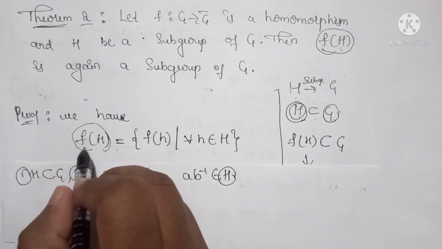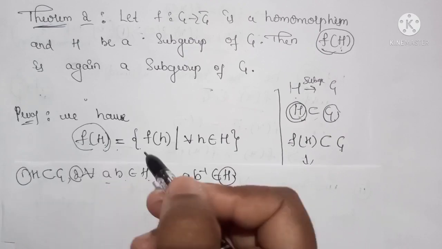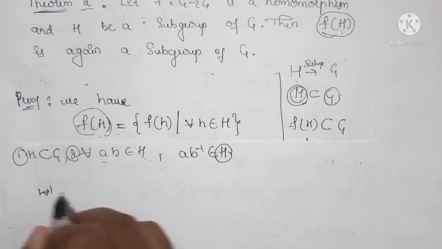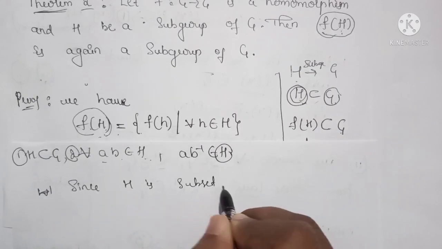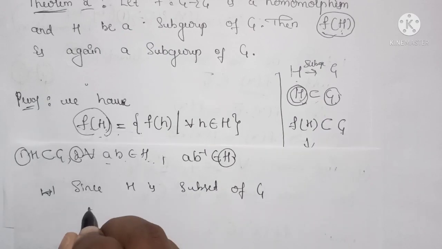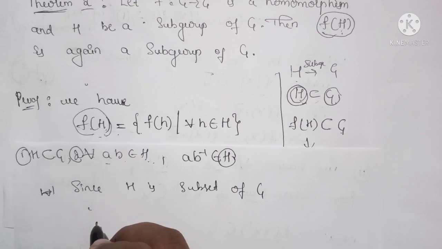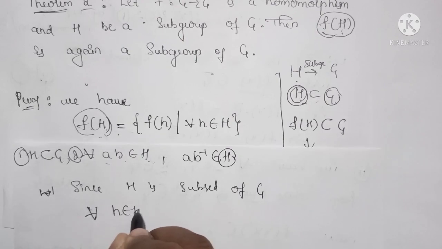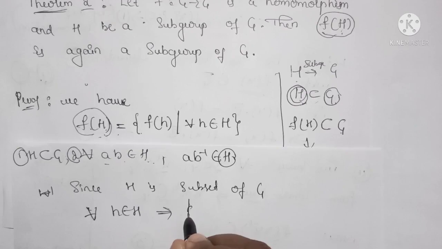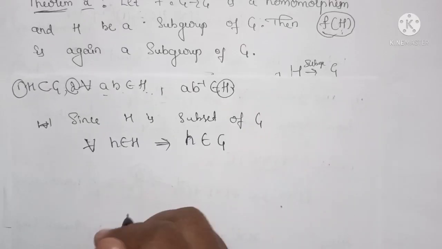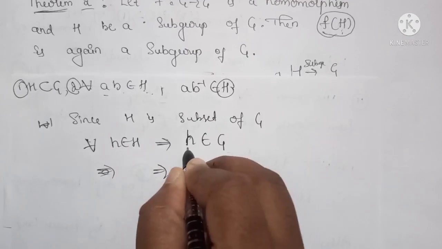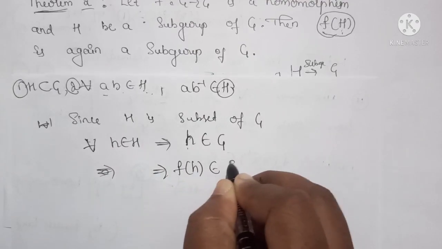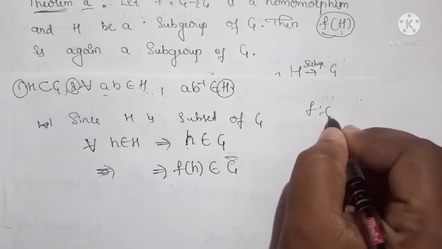So we prove in this way. First we shall prove f of H is a subset of G. Then we prove that f of H is a subgroup of G. Since H is a subset of G, for all h belongs to H, it implies that h also belongs to G, right? Because H is a subset of G. Then the image of this h belongs to G bar, because we have f from G to G bar.